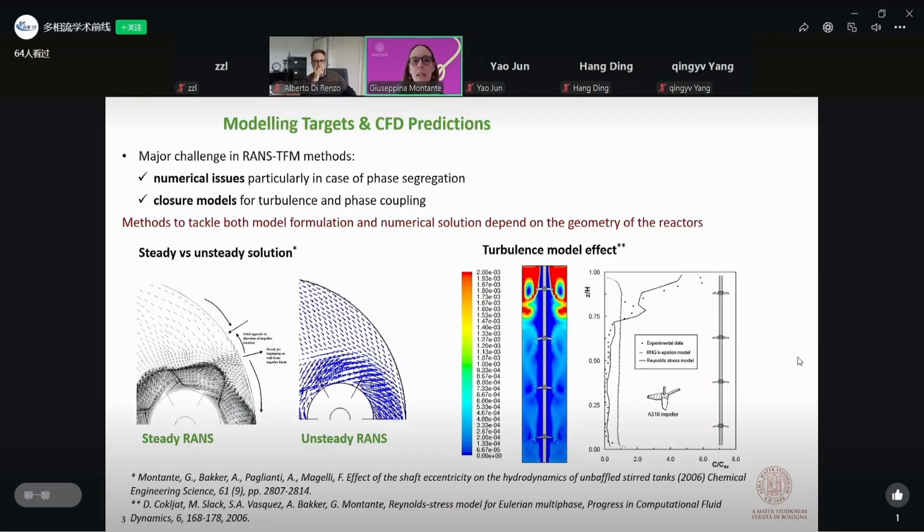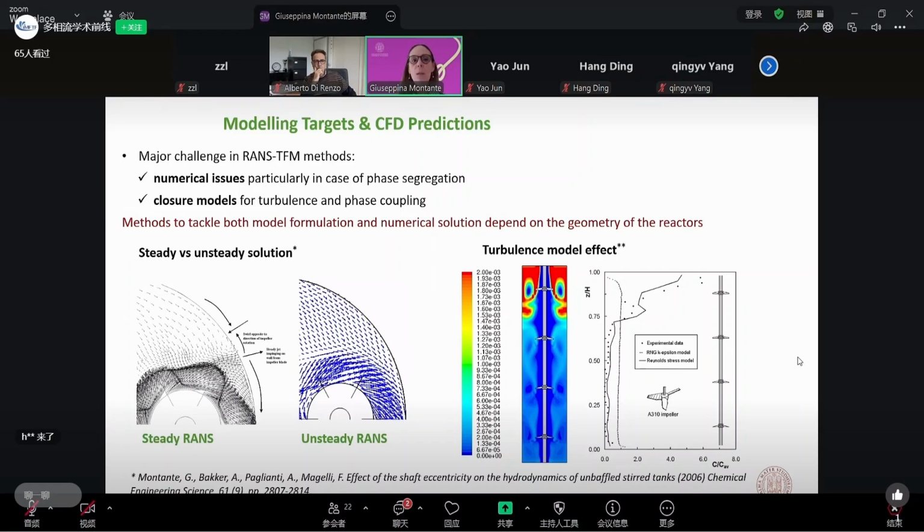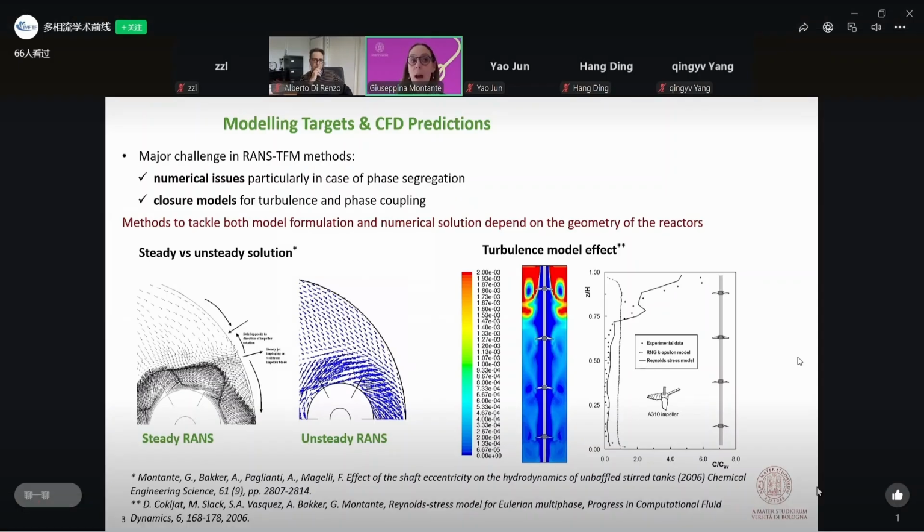One is clearly related to numerical issues that arise particularly when we have a phase segregation, and we have also, of course, as main task to identify closure models for turbulence and for phase coupling.